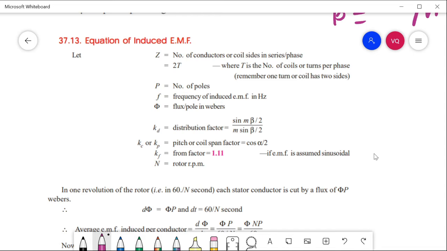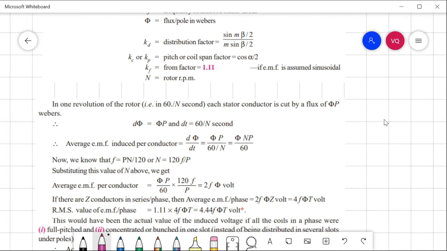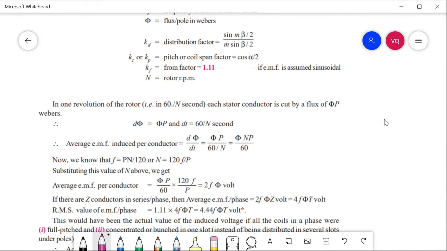So in one revolution of rotor, such that in 60 over N seconds, each stator conductor is cut by a flux P Webers. So we will take the derivative and then you will get the average EMF induced per conductor.